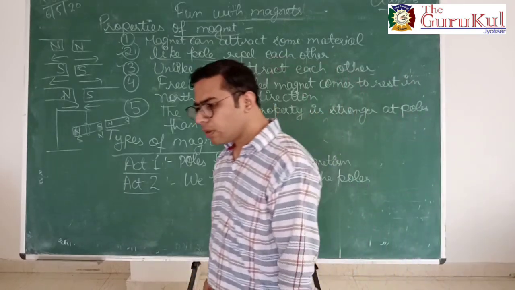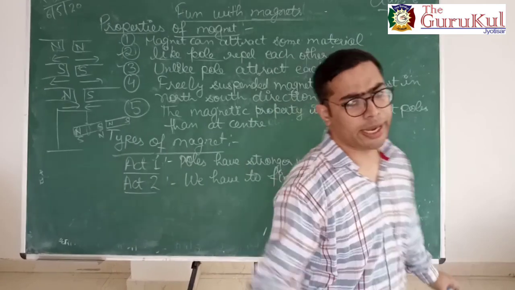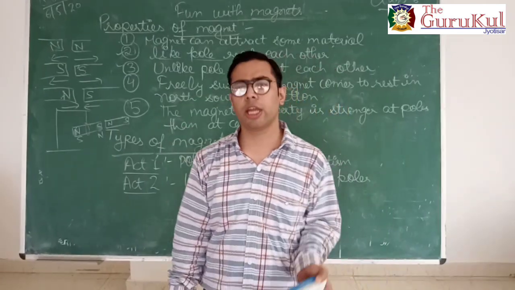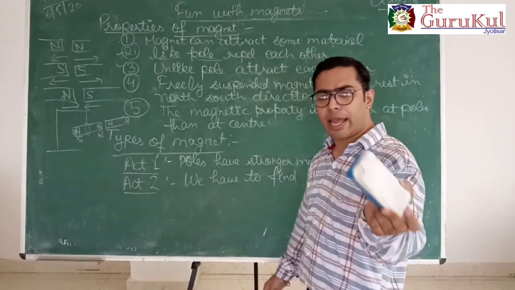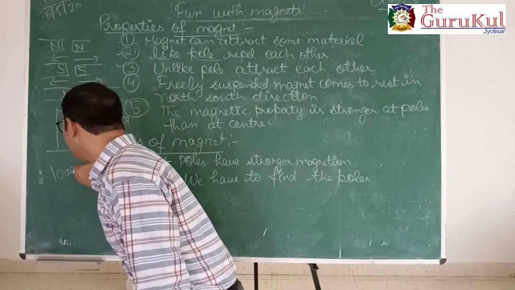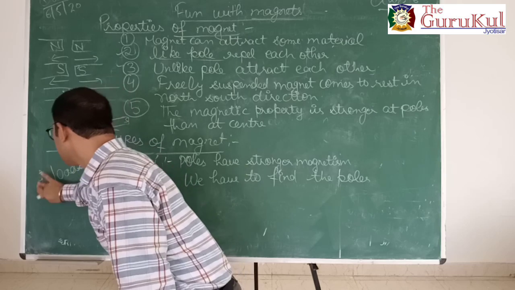Now there are some terms which I want to discuss in the middle of this chapter. You may not find them in the textbook we are following now, but if you read any other book, you will find them there. One term is lodestone.